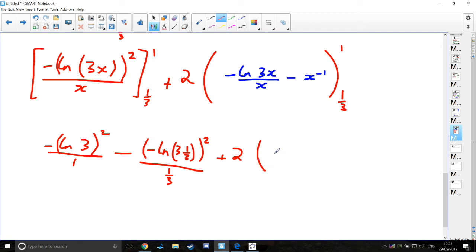Oh god, this is tedious. Minus ln 3 over 1 minus 1, minus the same thing when a third is subbed in.